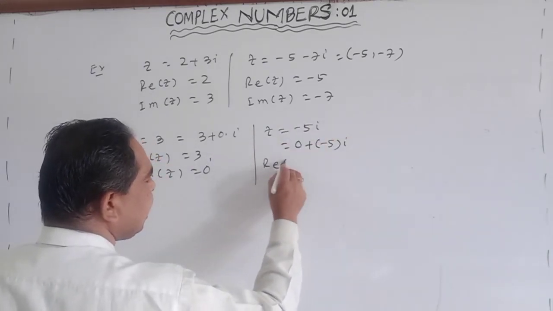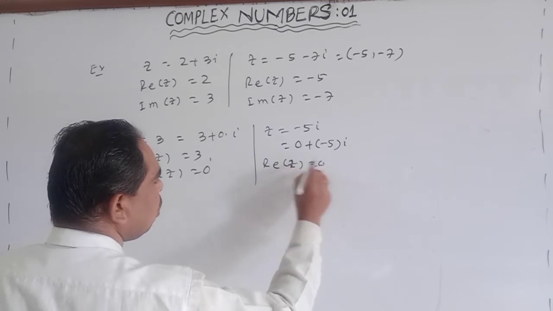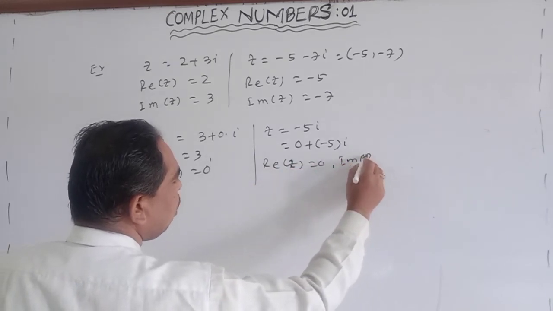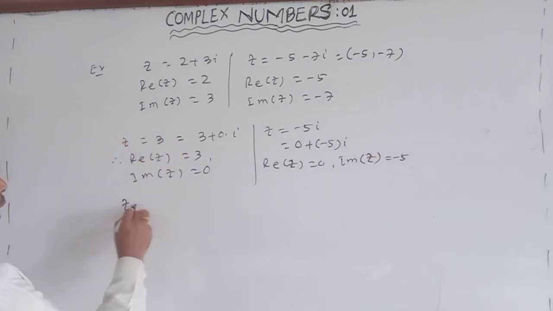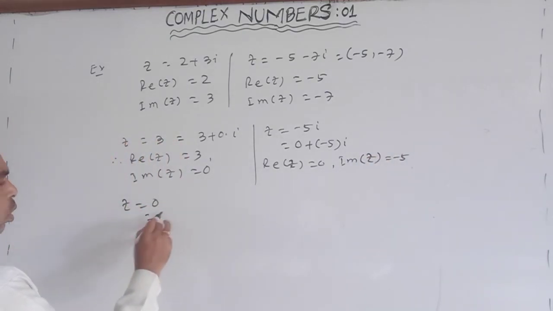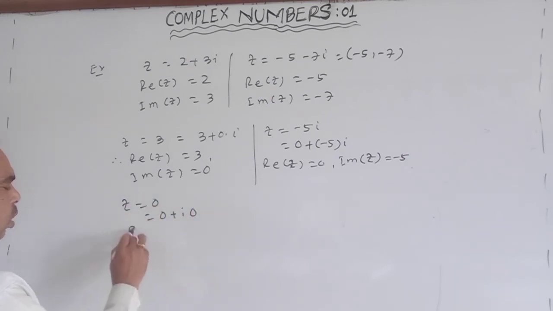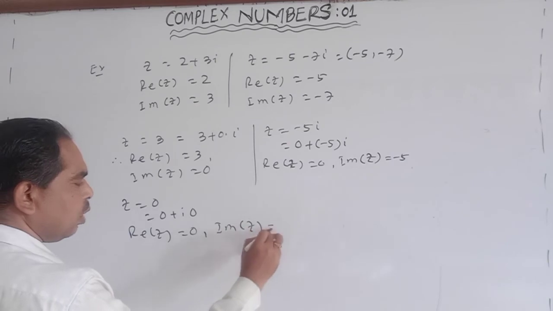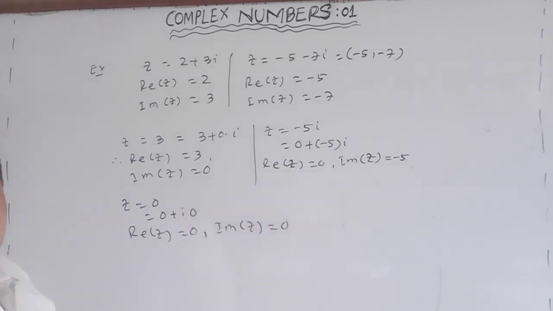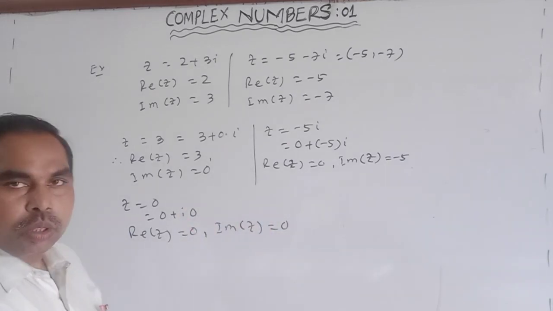So Re z is equal to 0 and Im z is equal to minus 5. Similarly z is equal to 0 plus i into 0, so Re z is equal to 0, Im z also 0.